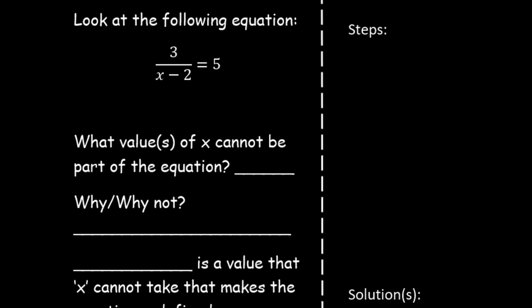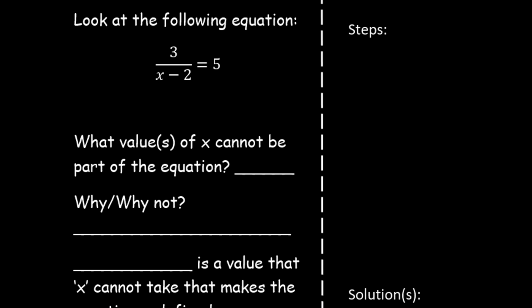We need to recognize first what values of x this equation cannot have. Why can it not have 2? Because it would mess up the fraction. How would it mess it up? It wouldn't be able to do its thing. Why not?